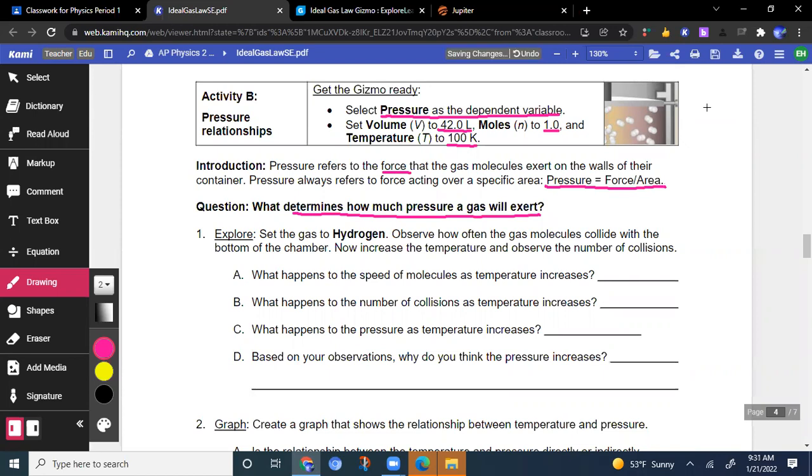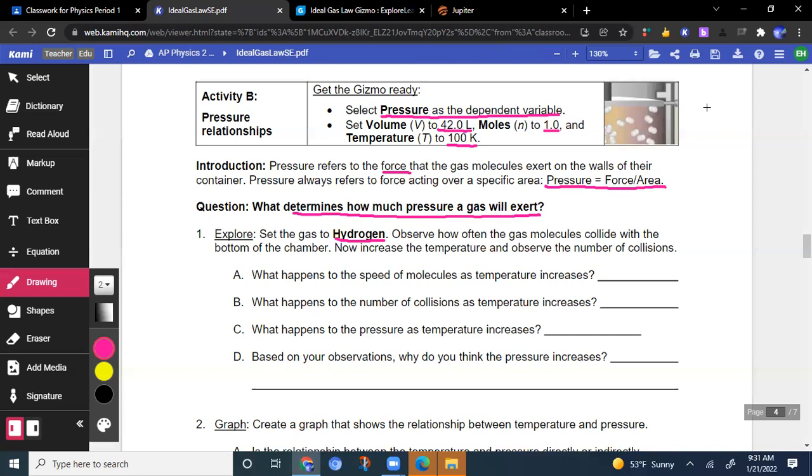So we're going to look at pressure relationships today. We set the gas back to hydrogen. We did that already. And what we're going to do is observe how the gas molecules collide with the bottom of the chamber. Okay, you're going to get a real lesson in terms of what pressure is really all about. And it's going to have to do with this very first exploration in part 1.